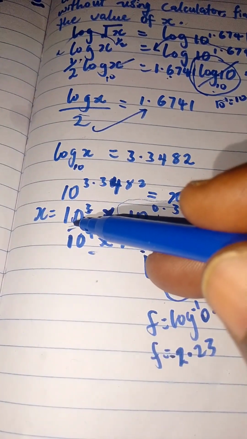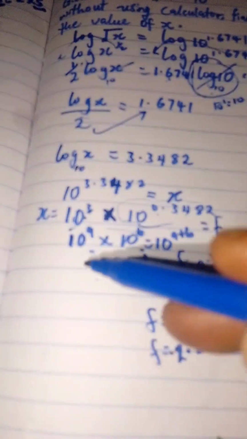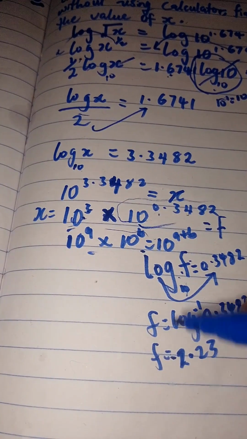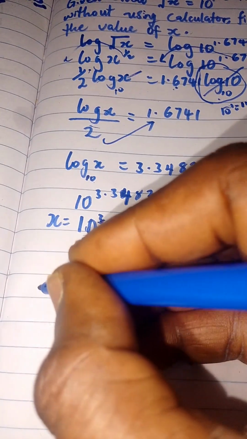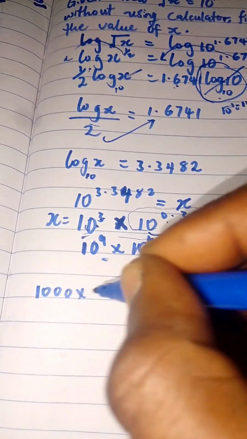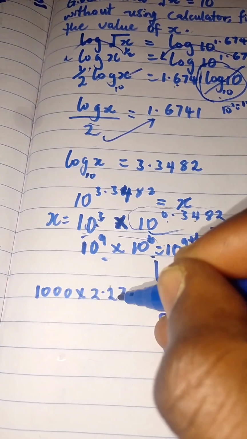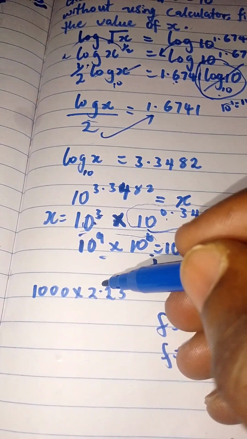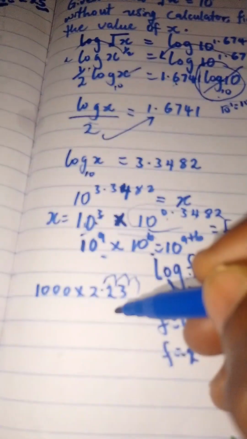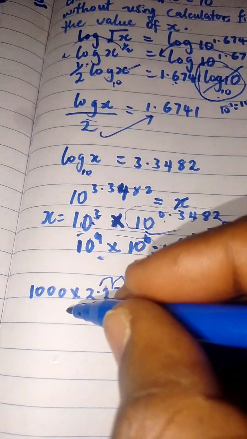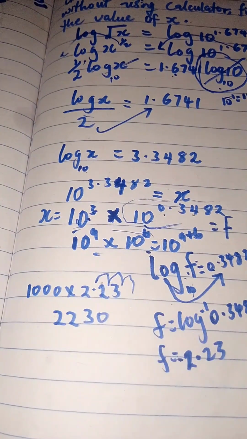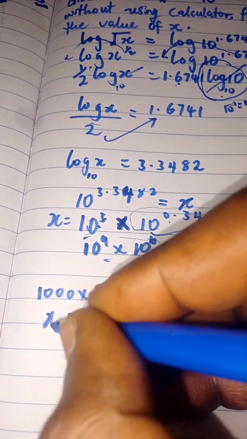Now do 1000 times 2.23, which gives us 2230. That's the value of our x. 2230.